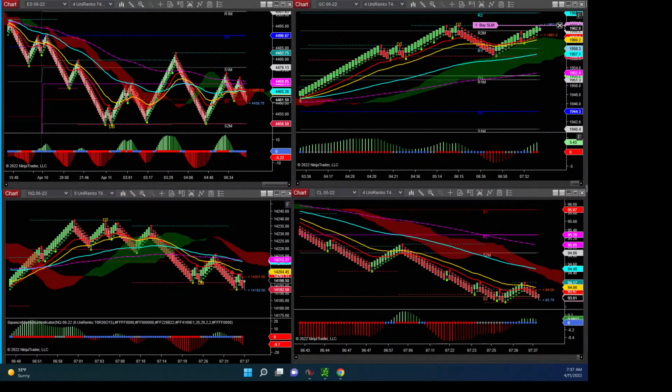And crude keeps moving down. $93.82, right at support. It's leaving a wick out of this double top right there.